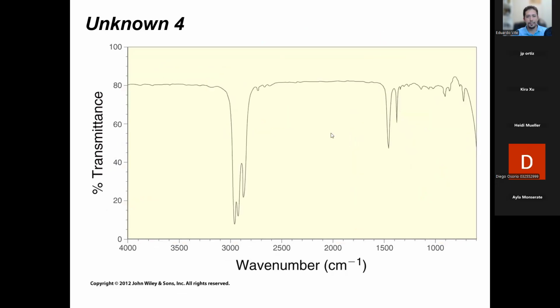Okay, next one. What's this one here? One of the hints is that this is a very, very clean spectrum. There are not a lot of peaks. There's no carbonyl peaks. There's no alcohol peaks. There's no carboxylic acid peaks. There's no CH2 peaks. There is no CC peaks. What do you see?